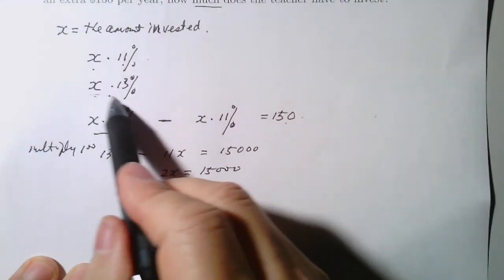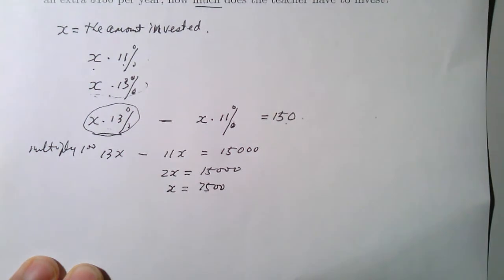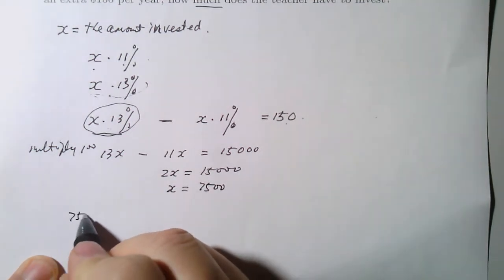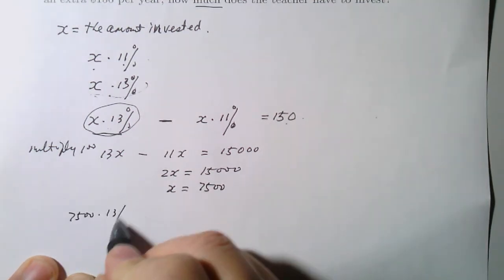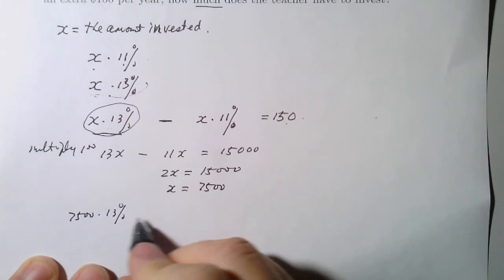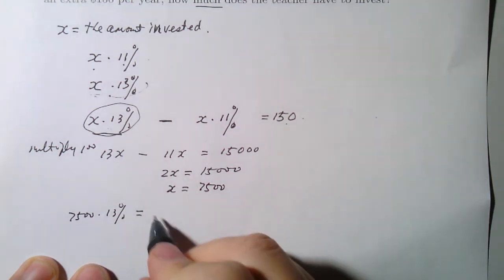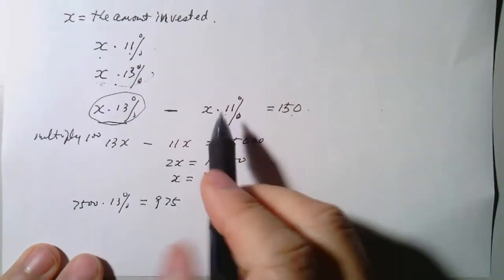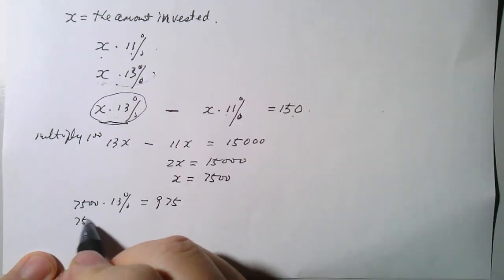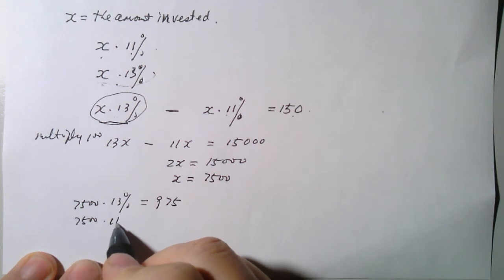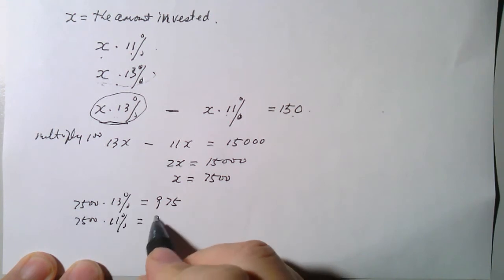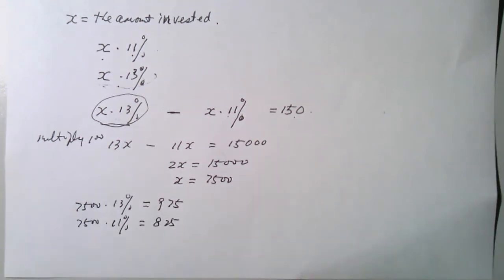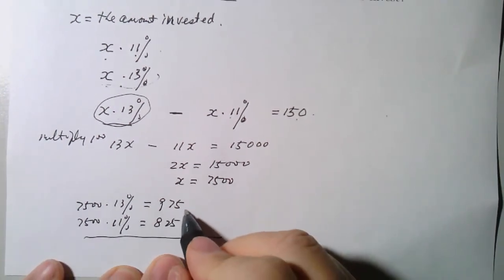From this account, the interest is 7,500 times 13%, which is $975. From this account, you make $825.